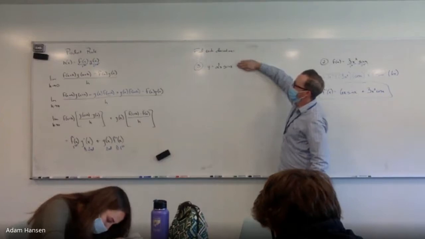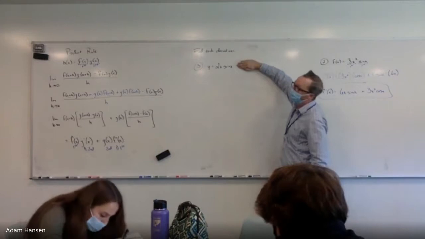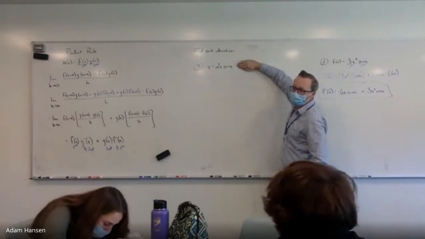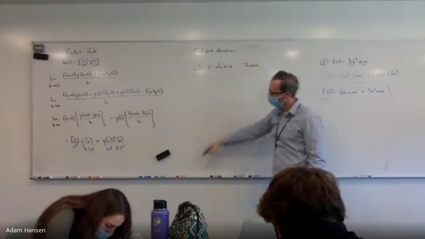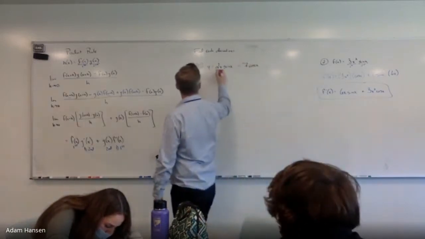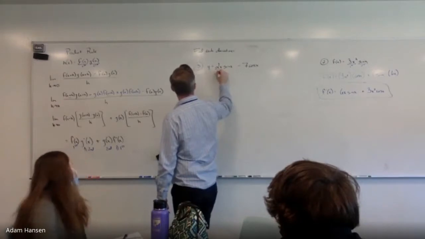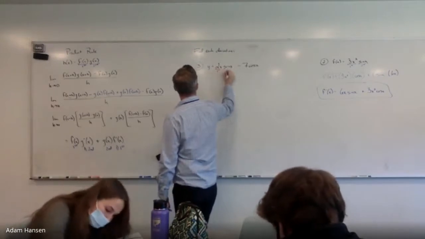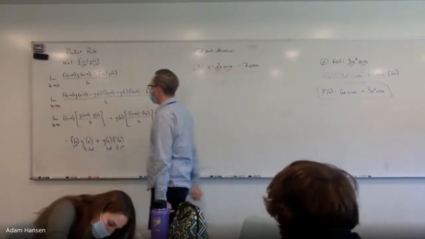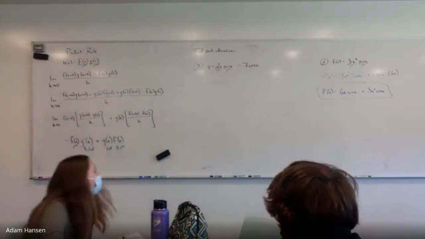I need product rule because what two functions are being multiplied together in 2x times sin x? What's the first function? 2x. Underline that and say that's the first. What's the second function? What's multiplying with 2x? Sin x. Use the product rule to differentiate, and find the derivative of the next term, term by term.